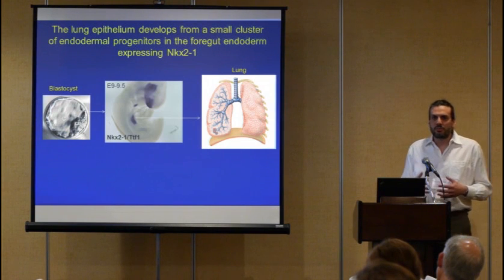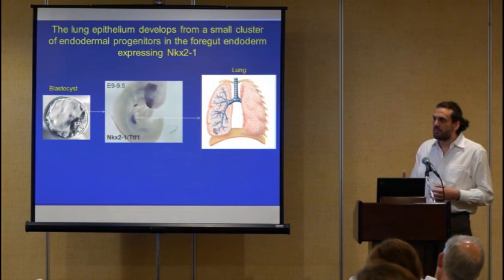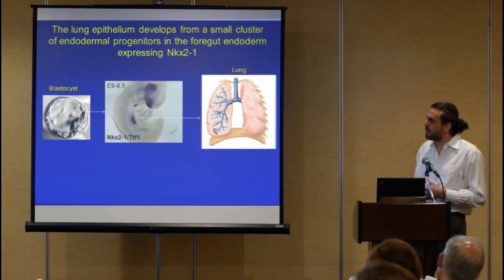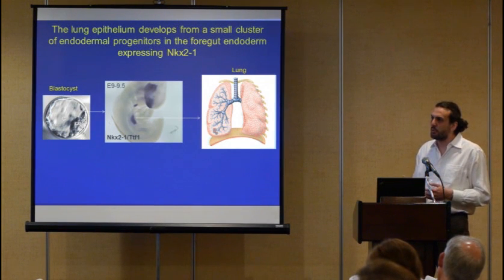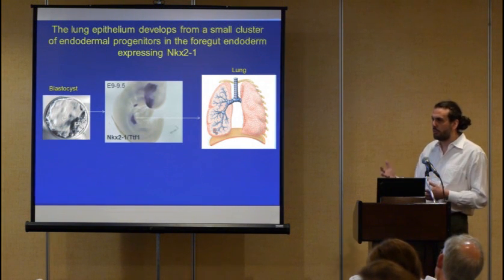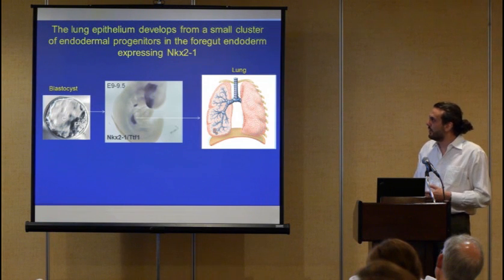So how could we use these cells in the context of lung research? How can I derive lung epithelial cells from induced pluripotent stem cells or ES cells? And of course, as most scientists do, we go and look back at nature. So we get our lessons from nature.